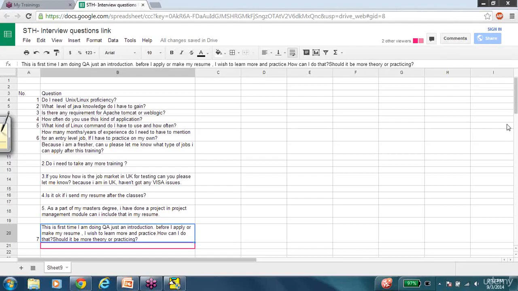So QTP, it depends on your interest actually. We all have a graph to go ahead and design our career in any way we want. So if you want to venture into automation testing, then absolutely QTP. Familiarizing means learning, acquainting, just understanding at a high level, like where is what and all of that.